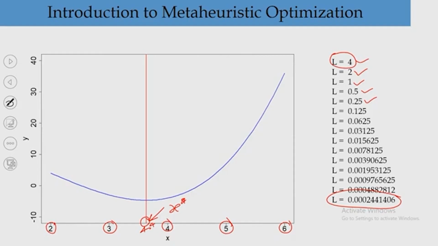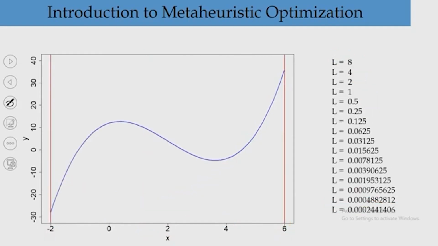Now, I would like to apply this same interval halving method on this particular function. Just see, this function has two optimal solutions, somewhere here and here, or maybe there may be other solutions. If you apply the interval halving method here, I have taken lower bound equal to -2, upper bound equal to +6.